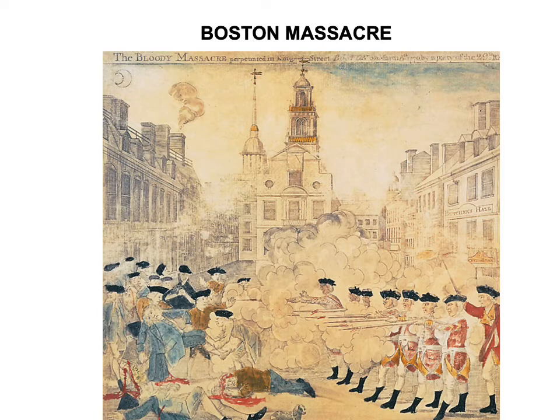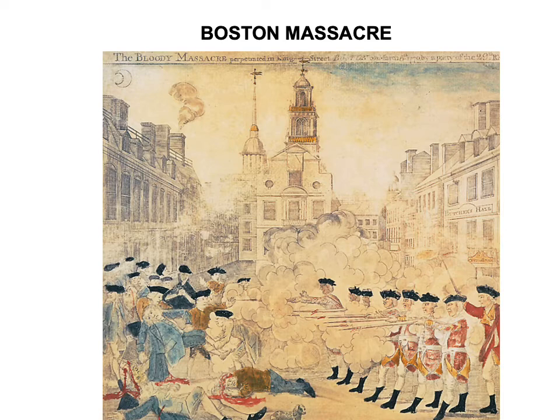There are various accounts of what actually happened, but the most important thing is that one or two of the British troops panicked, they were poorly disciplined, and started shooting at the unarmed British colonists. Several British colonists were killed, and this became quickly known as the Boston Massacre.